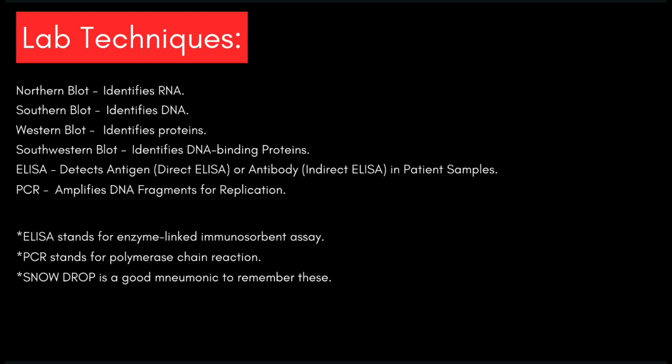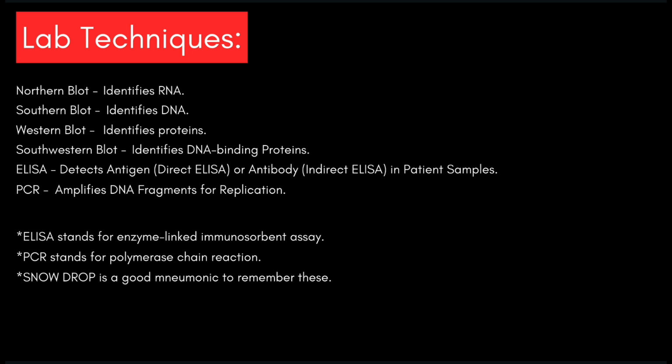Today, I'd just like to talk about the boring old lab techniques you need to know for this exam. So ensure that you have this memorized. Northern blot identifies RNA. Southern blot identifies DNA. Western blot identifies proteins. Southwestern blot identifies DNA binding proteins.